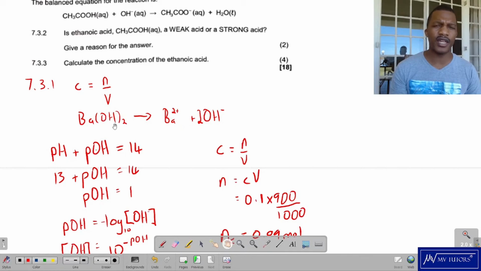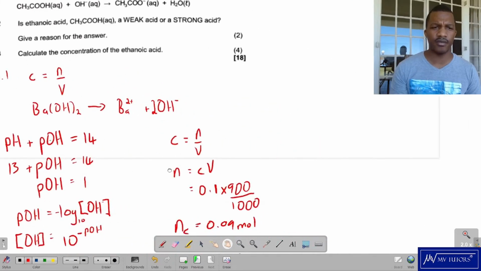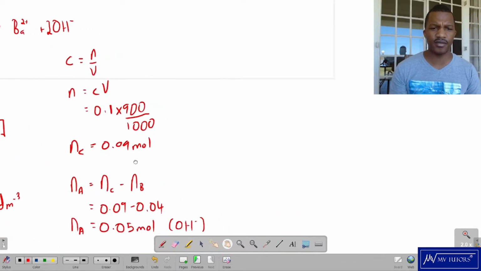We are interested in the number of moles of barium hydroxide, not of hydroxide alone. So okay, let me just continue this side.